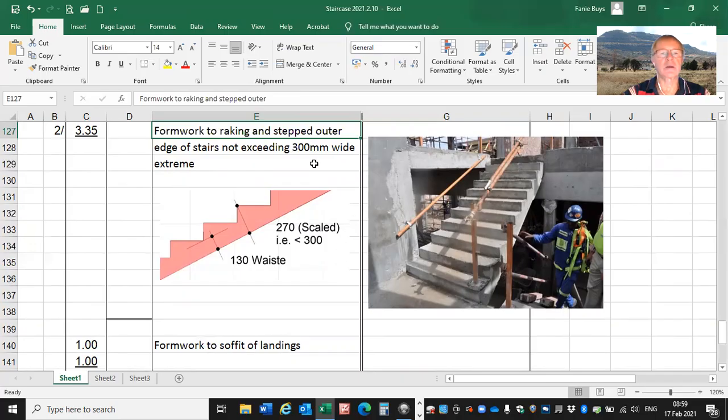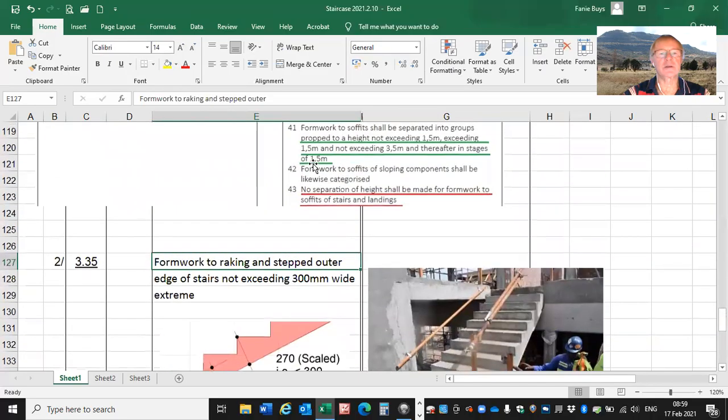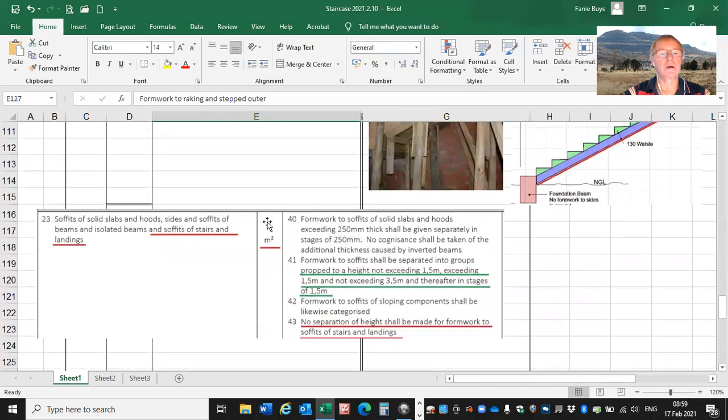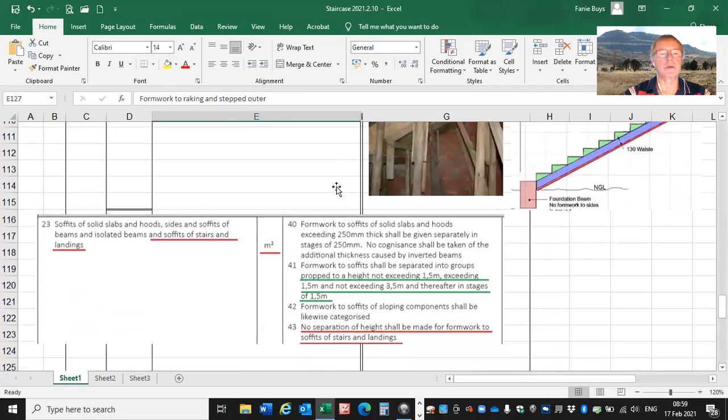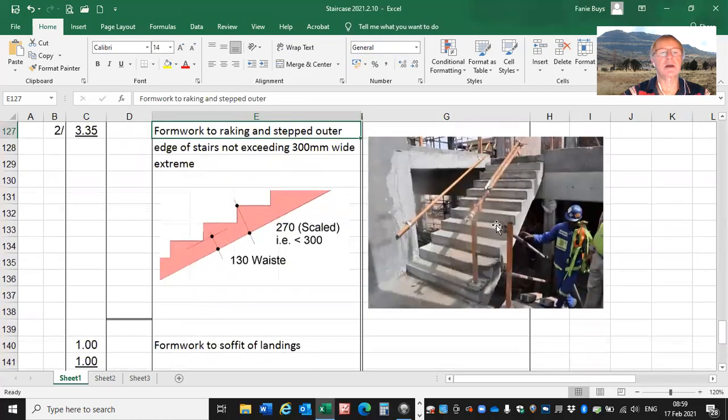And then the category, all formwork less than 300 is in the categories. And if it's less than 300, that clause there, where is it now? That one there shall be given together in one item as in measured in meters. This description is slightly different from the normal one because of the raking and stepped outer edges forming part thereof.